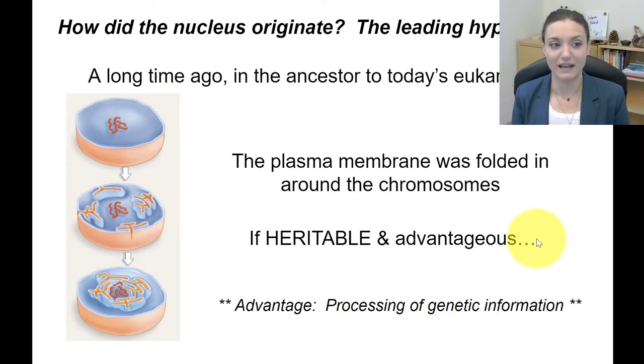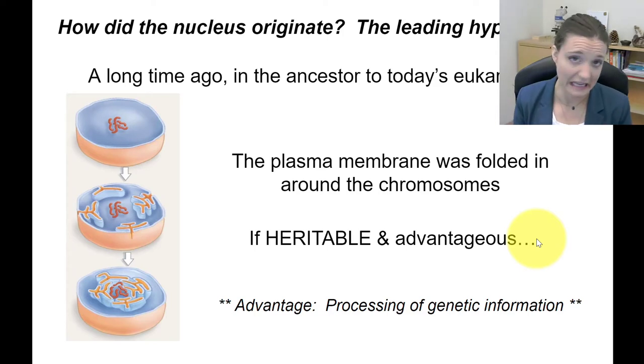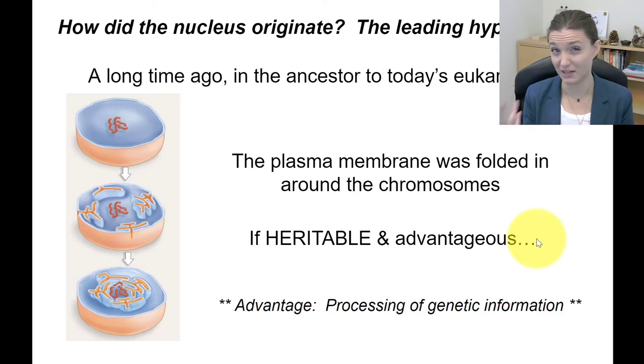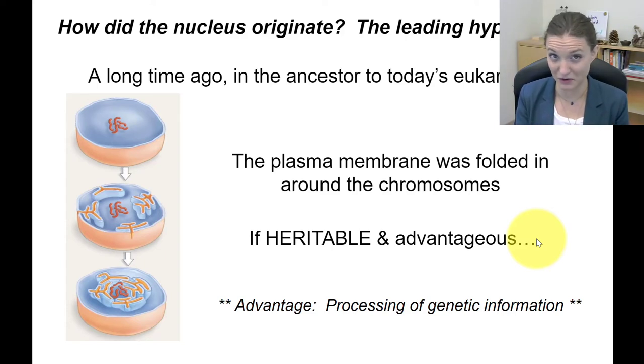And part of the advantage of having a nucleus is, one, protection of the DNA, right? Now we have an extra layer surrounding the DNA, so it's protected from environmental factors that could cause mutations. But it also allows for processing of genetic information. We haven't covered this yet, but prokaryotes do not splice their RNA.